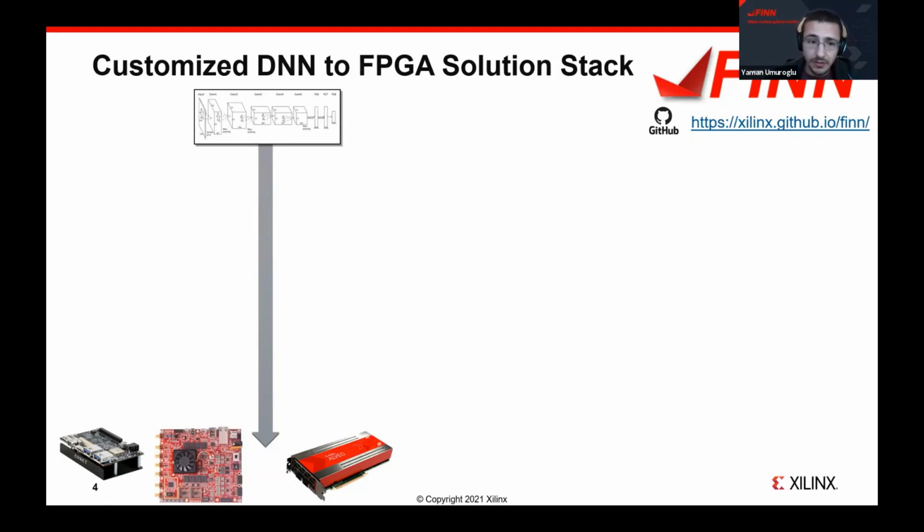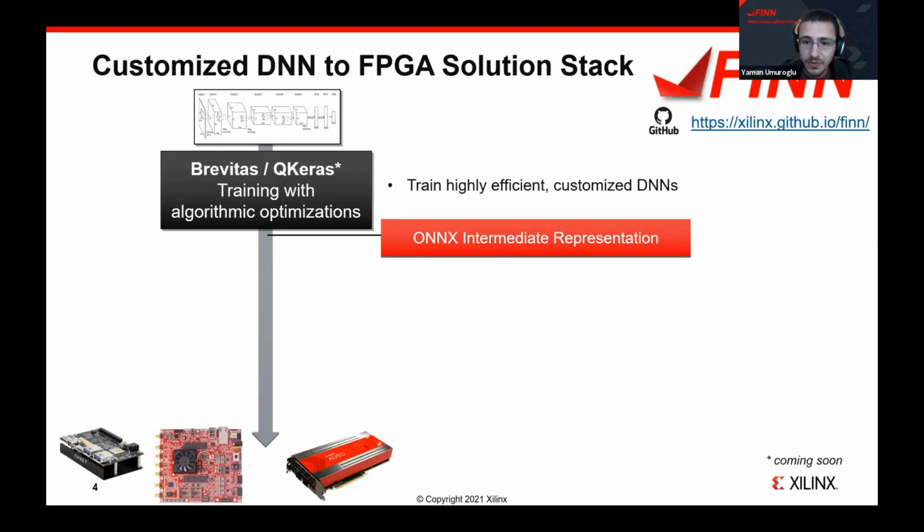The typical flow in this solution stack looks something like this. You first train your specialized DNN with various algorithmic optimizations. By now, I think we don't need to say too much more about this, because this is essentially what the competition was about. For this, you can use Brevitas. I'm happy to briefly mention here that in addition to Brevitas, we'll soon be supporting TensorFlow-based QKeras as well for developing these networks.